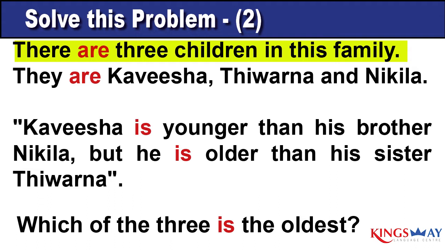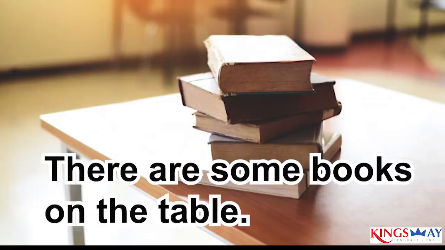Now let's look at some more examples. Look at this picture. What can you see? There are some books on the table. When we talk about this, we can see some books on the table.